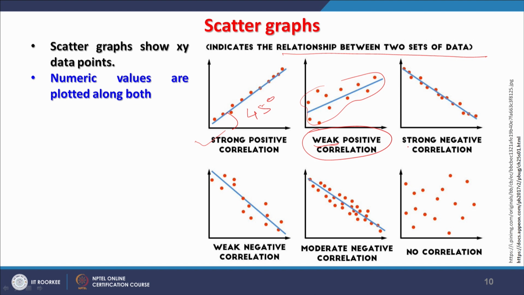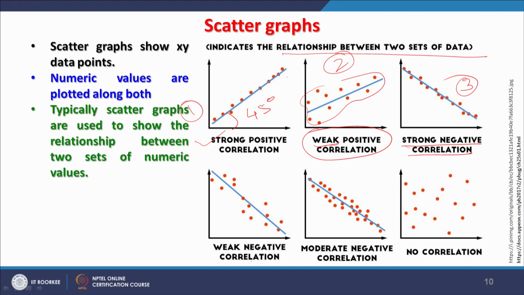Similarly, for a negative relation, it would be that as I move along the x axis, things are increasing, but in the case of the same data, the other things are decreasing, and therefore, it is a strong negative correlation. It is just the opposite of example 1, and this is example 3.